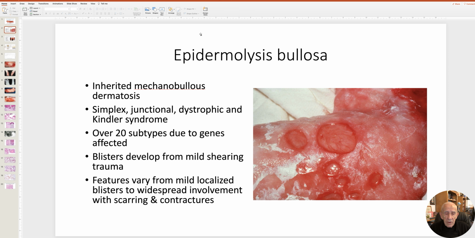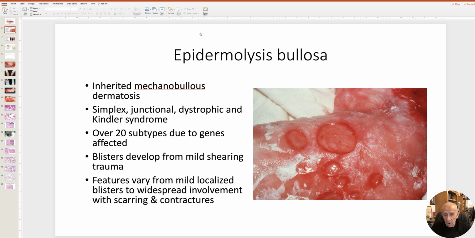Now, just to remind you, epidermolysis bullosa is an inherited condition whereby the skin is susceptible to very mild trauma, particularly shearing trauma, which results in subepidermal blistering. There are four major types: simplex, junctional, dystrophic and Kindler syndrome.